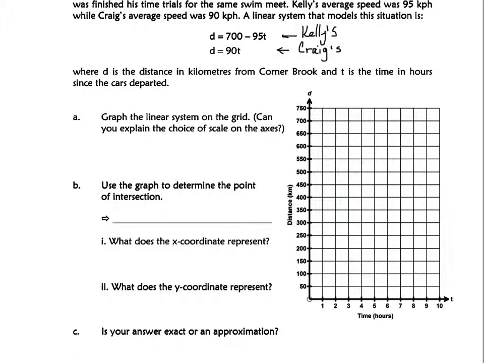All right, so we're going to graph the linear system. The first one, for Kelly's, is d equals 700 minus 95t. Our y-intercept would be 700. It's going to be kind of difficult to do a slope of negative 95 over 1 for this particular graph, so it might be easier to do a little table of values.